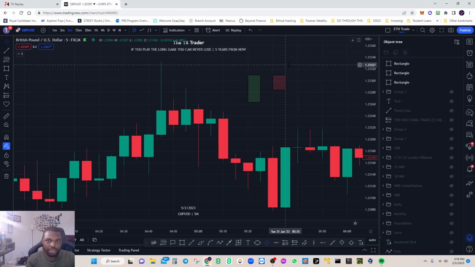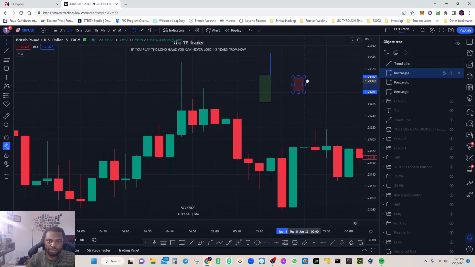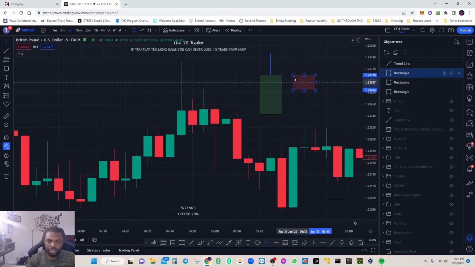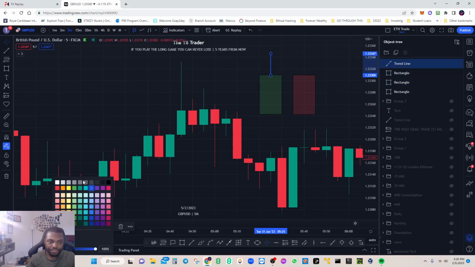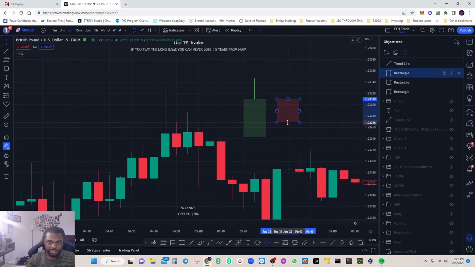Then you have to make sure, I have to draw this a little bit different. I have to draw it like that. Cool. So that's the first thing about the bodies. This body could be like right there.